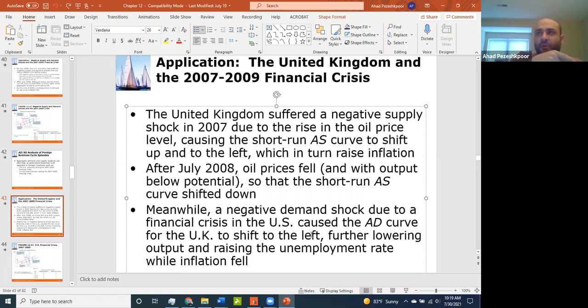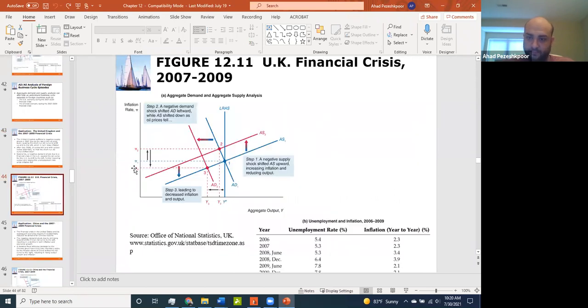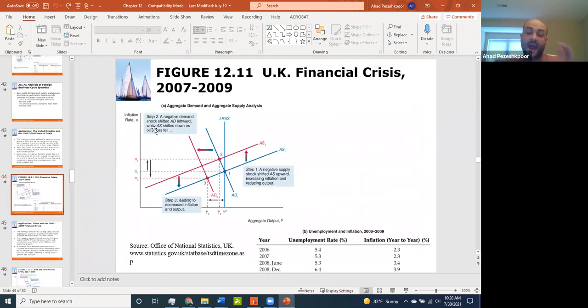When it started in the United States, because the United States is such a huge economy, basically the heart of the world economy, it caused a domino effect. So every country in the world was more or less affected by it, further lowering output and raising the unemployment rate while inflation fell. You can see here aggregate demand and aggregate supply analysis.